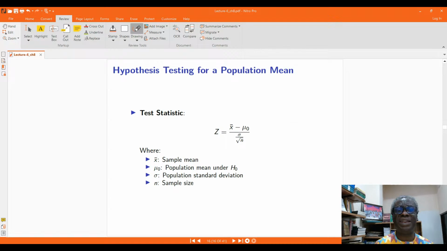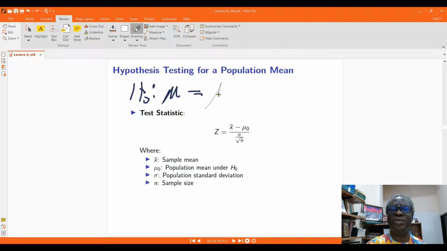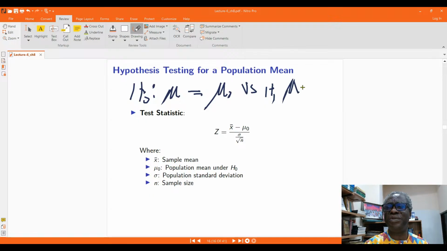So let's start with hypothesis testing when you are dealing with population mean. When you are dealing with population mean, you have H naught: mu equals mu naught, versus the alternative, which is mu is not equal to mu naught.